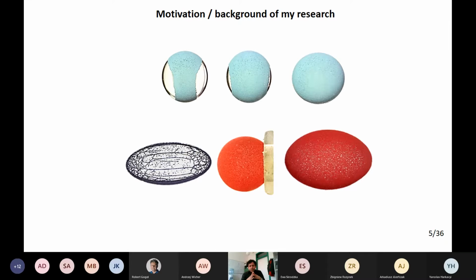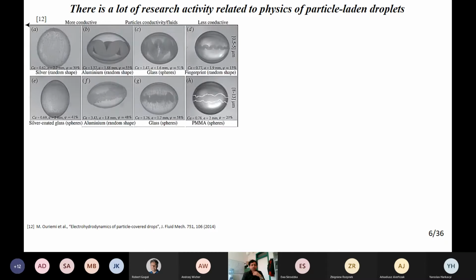As I said, there are some groups already working on the three-phase system. Here I want to present some examples. There is one group, Orime et al., from Northwestern University. They studied particle structuring at the droplet interface.